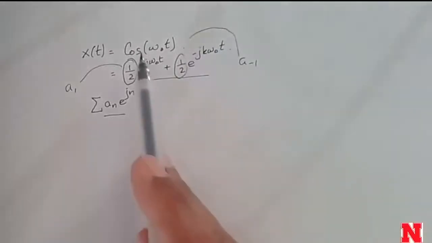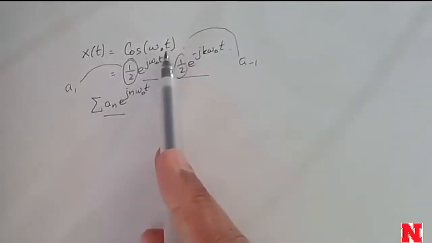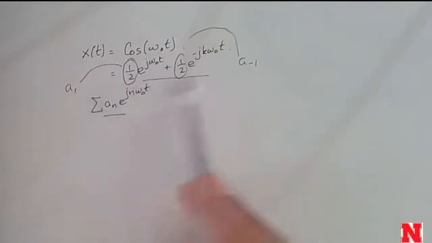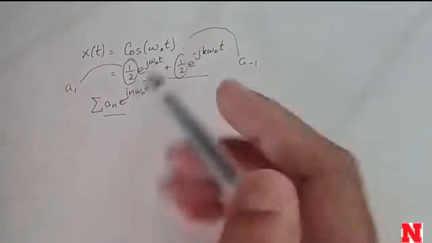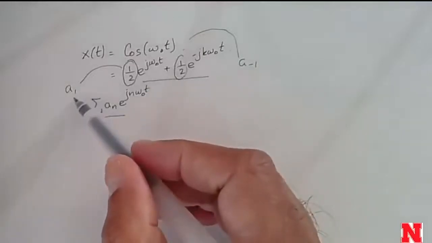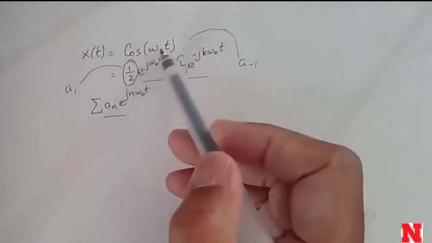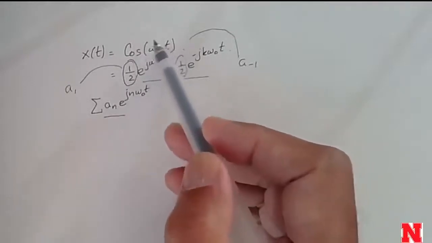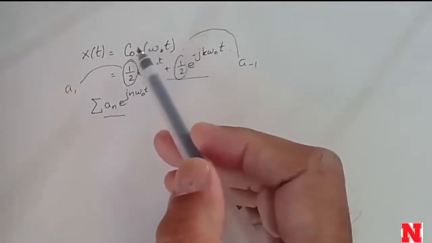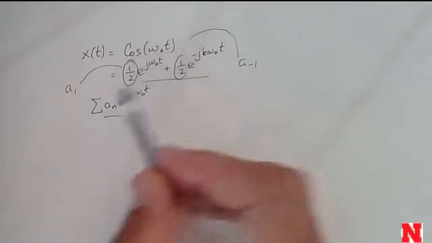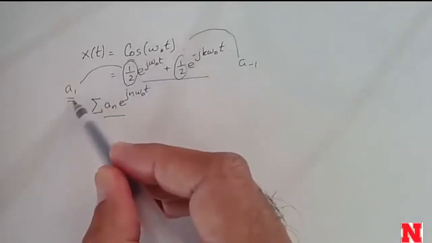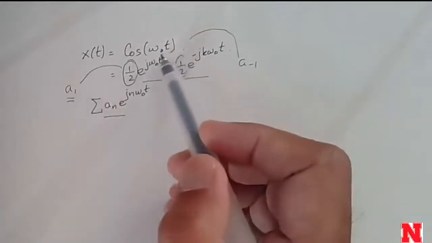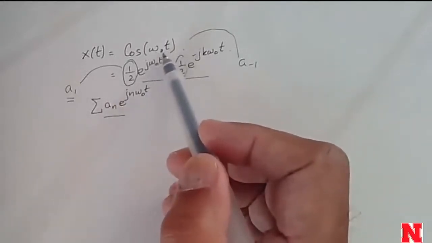And because cosine omega naught t is even, the coefficients are also even. So a sub 1 is equal to a sub minus 1. This 1/2 is not just a sub 1. This 1/2 tells you something about the power in this frequency component. You can't just think of a1 by itself. You have to think of a1 as the frequency component at frequency omega naught.